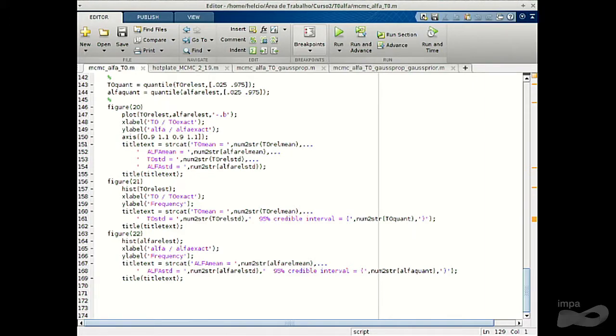So we have a Gaussian likelihood. We have a posterior that is uniform. So what we actually expect is a Gaussian posterior. It's almost there.